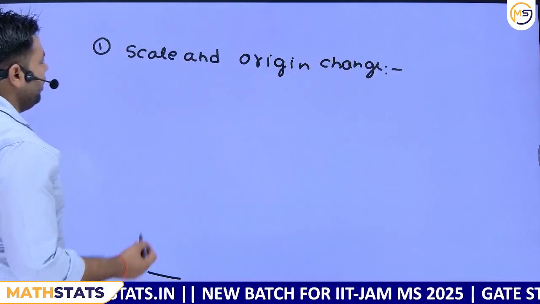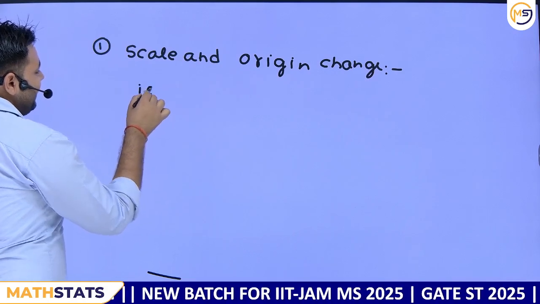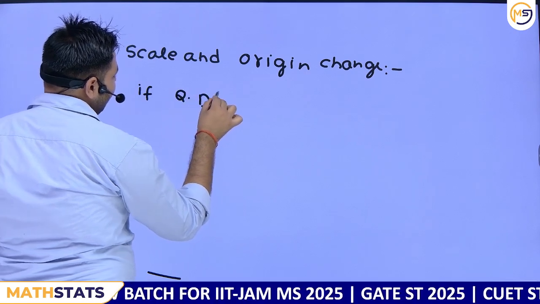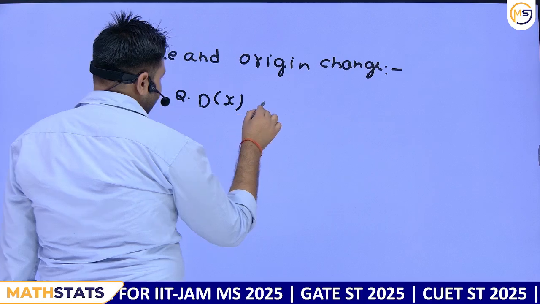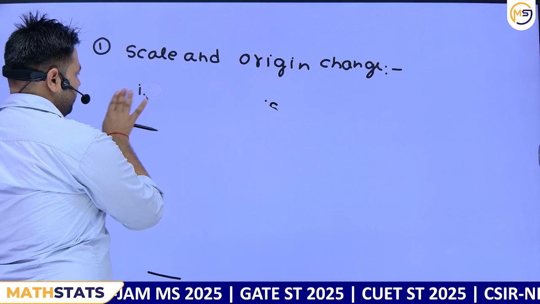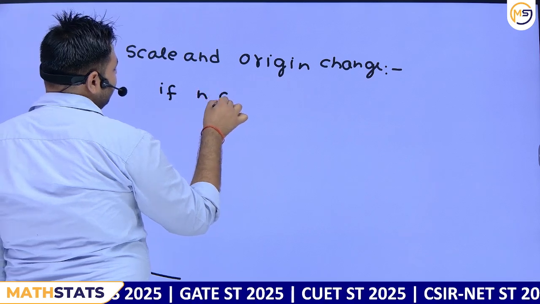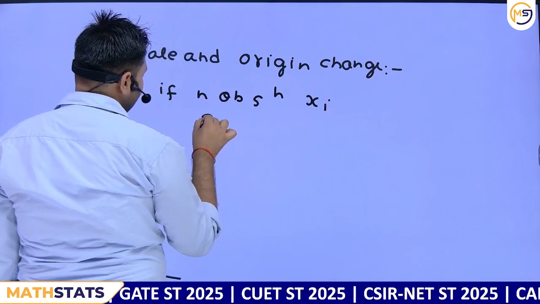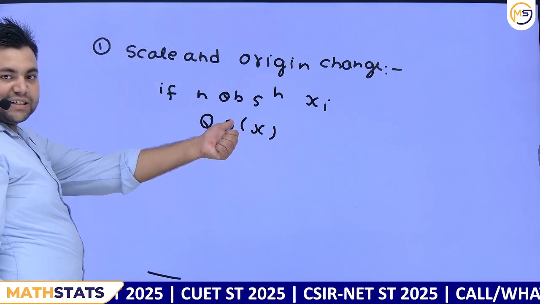Now properties of quartile deviation. First property is scale and origin change. If we have an observation xi and the quartile deviation of x equals QDx, this is the quartile deviation of x.